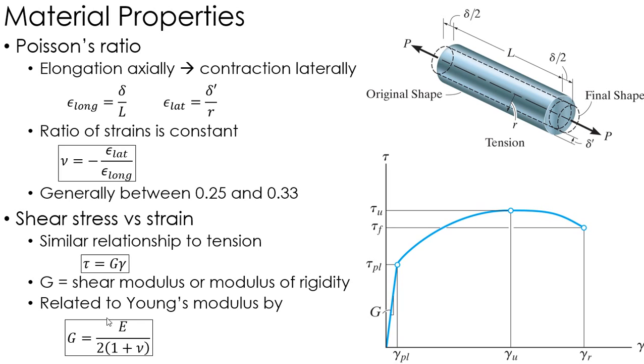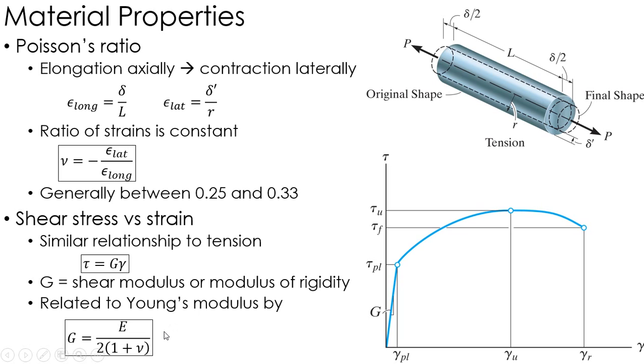And I can actually relate this to Young's modulus through Poisson's ratio, because again, that lateral strain and longitudinal strain are clearly related, as we talked about with Poisson's ratio. So G and E are related through Poisson's ratio through this equation right here.